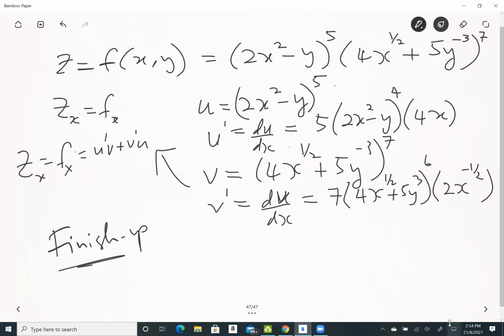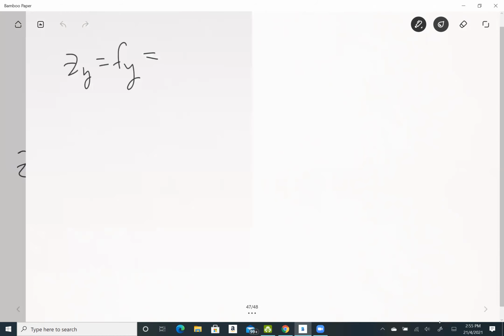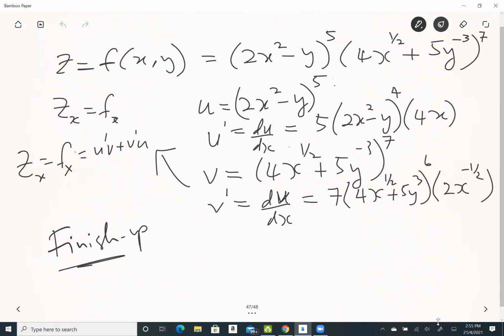We want to find the other partial, which is zy or fy. So zy equals fy equals. Again here, you let u be the first term, v the second term. But the u prime now is not du dx.